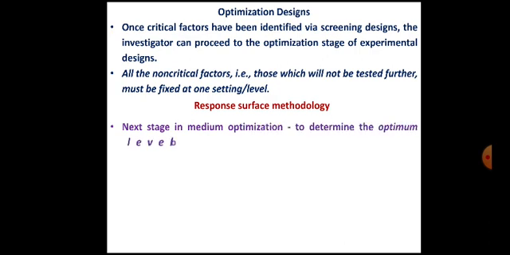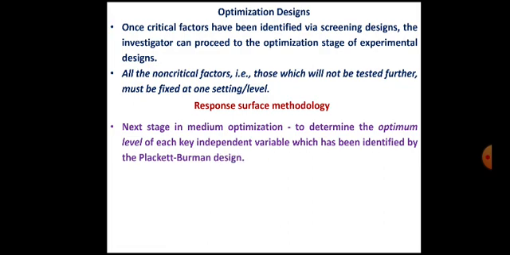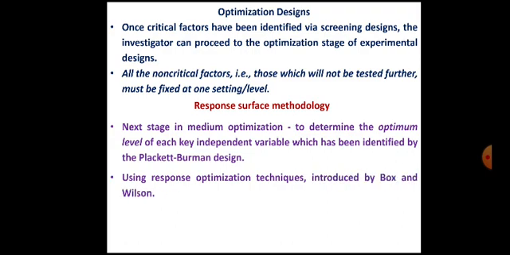So the next step in medium optimization is to determine the optimum level of each key independent variable which has been identified by Plackett and Burman's design, using response optimization techniques introduced by Box and Wilson.